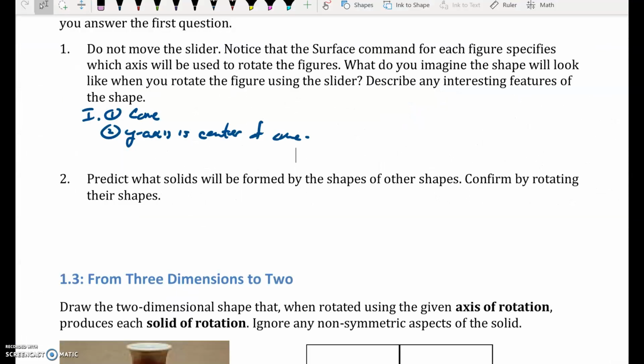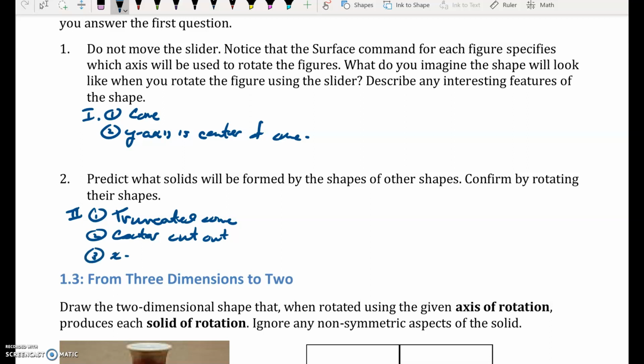So we can answer that. Figure number 2, truncated cone. I notice the center is cut out, and I also notice that the x-axis was the center of the truncated cone.